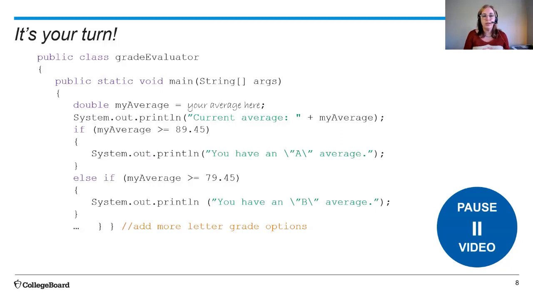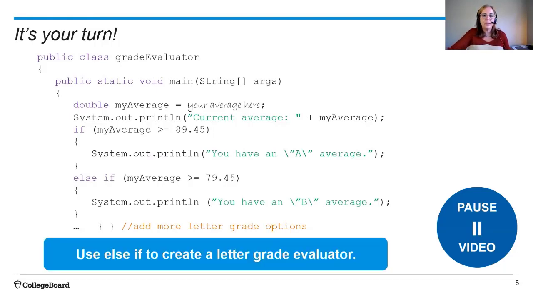I hope yours is an 89. If you want to get real technical, you could do 89.4, what would be 445 or something. Sometimes we're hanging on the edge of that A, reaching for it. So pause the video and write some code to create your own program.